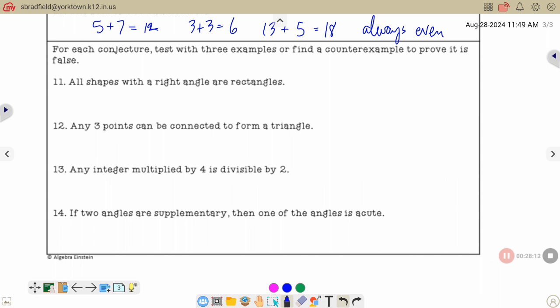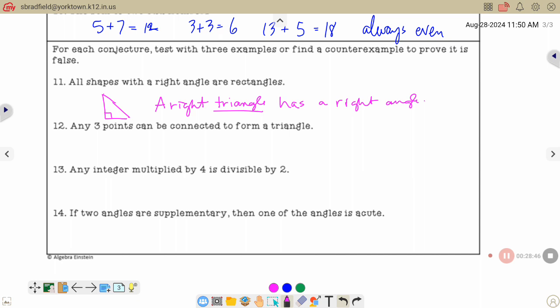How about a right triangle? Yeah, does it have a right angle? Okay. Could draw it there if I wanted to. A right triangle has a right angle. All right, that's a counterexample.